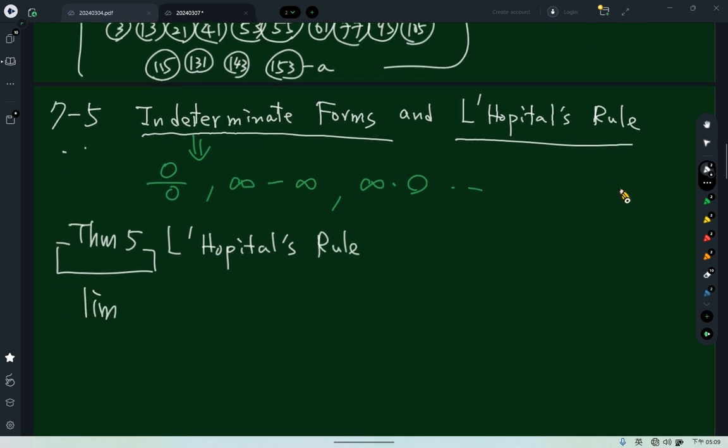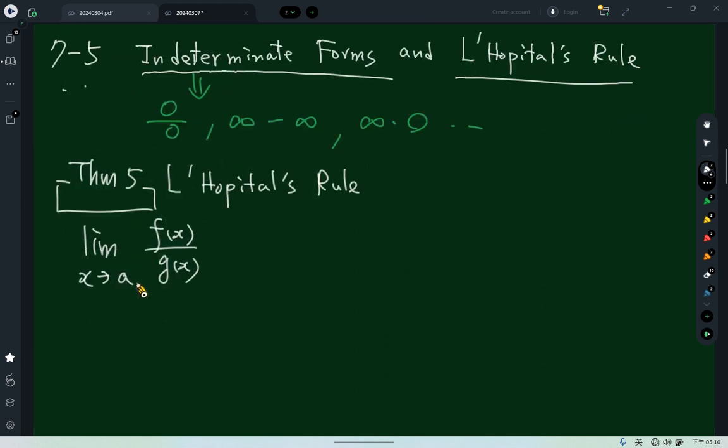In the past, when we tried to calculate the limit of f of x over g of x as x approaches a, if f of x and g of x are continuous at x equal to a, we simply replace x by a.